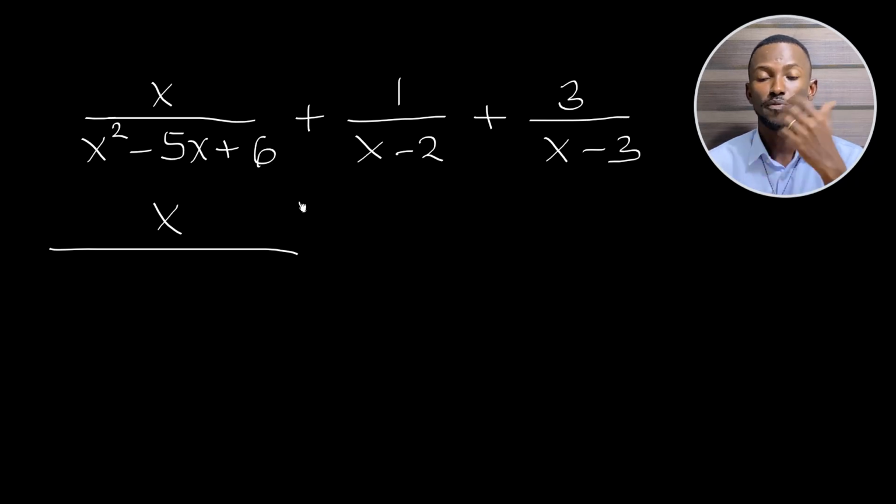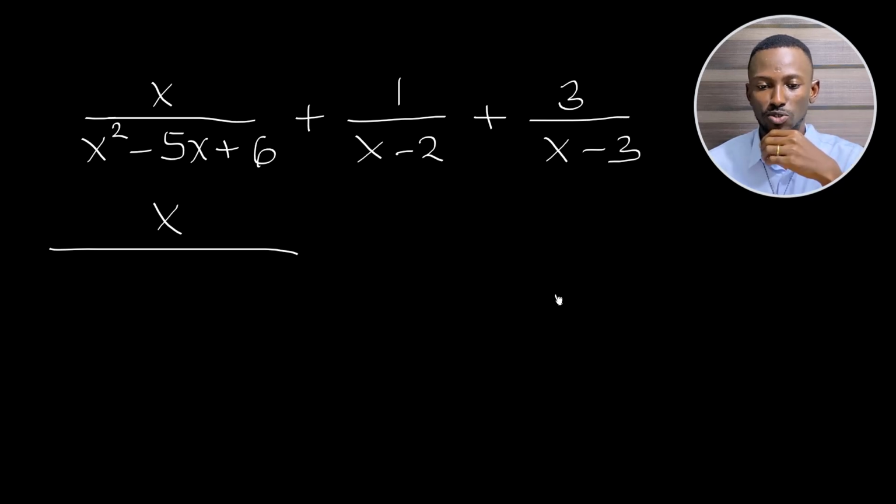So when it comes to factorization, the only thing you need to do is to first check the coefficient of the x squared. For us, the coefficient of x squared is 1. So that means that 1 times 6 is still 6. So you are going to look for a pair of numbers such that if you add them, you will get negative 5, but if you multiply, you will get positive 6.